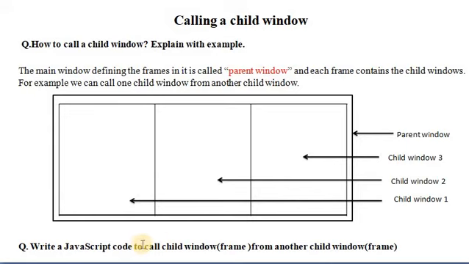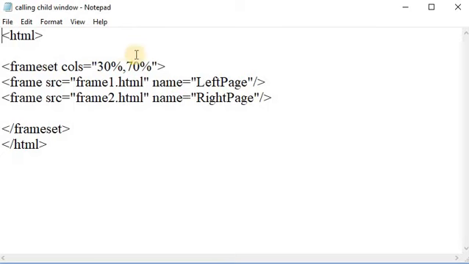Let us see one example. To call a child window, meaning a frame, from another child window. This is the program for calling a child window from another child window. In this program, first of all, I have created two columns with 30 and 70%, and we have defined one frame for each column.